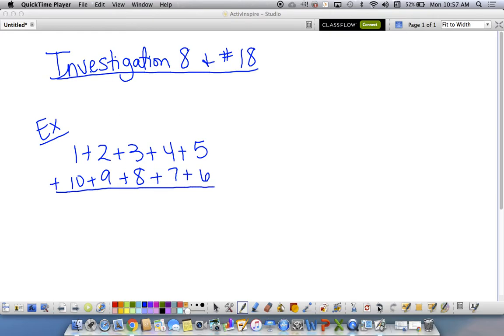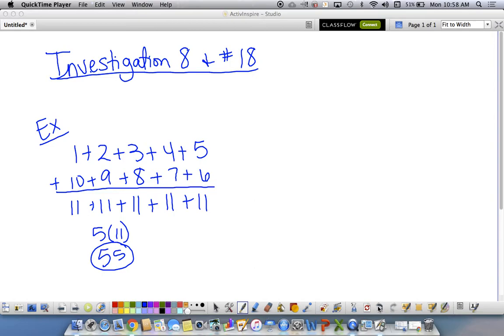Could I add them this direction? 1 plus 10 is 11, 2 plus 9 is 11, 3 plus 8 is 11, 4 plus 7 is 11, and 5 plus 6 is 11, right? So now how do we add 11 plus 11 plus 11 plus 11 plus 11? We can simply say it's 5 times 11, which is 55, okay?